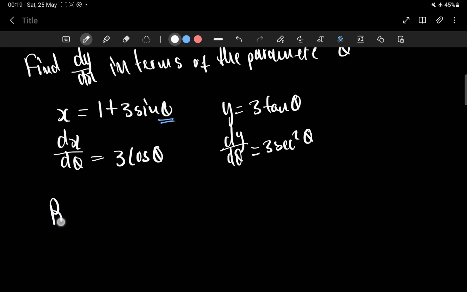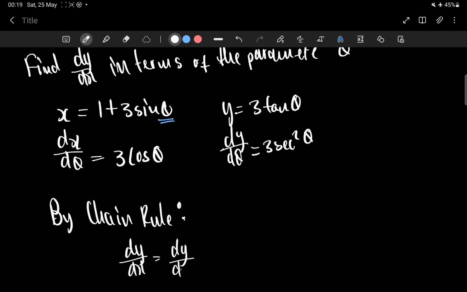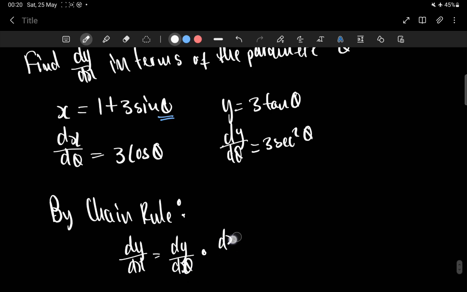Okay, and then now we have it. So we can now say by chain rule that dy dx is equal to dy d theta times d theta dx.